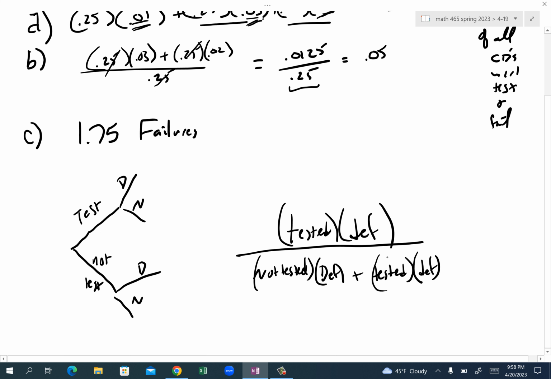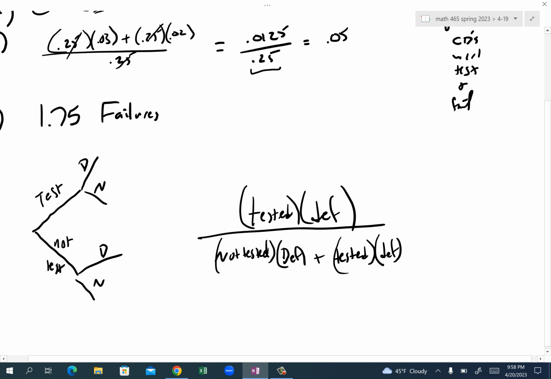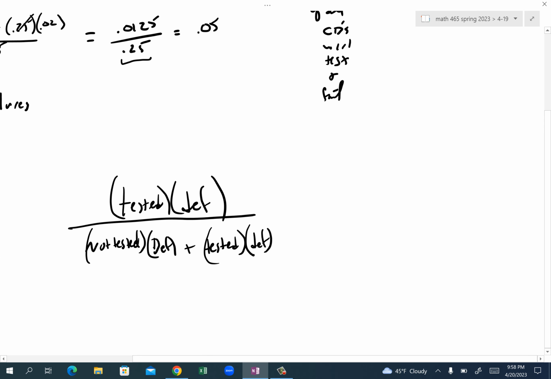That's what we're looking for. So the one on the top is obviously pretty straightforward. We know that it's 0.0175. Now the bottom, of course, is also the same. Now I'm going to stop and think for a jiffy on this other one.